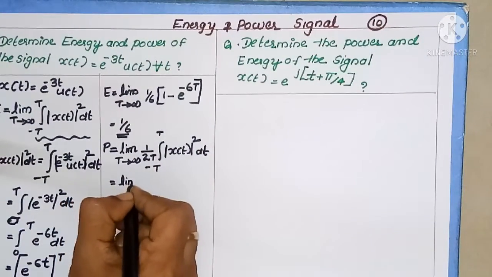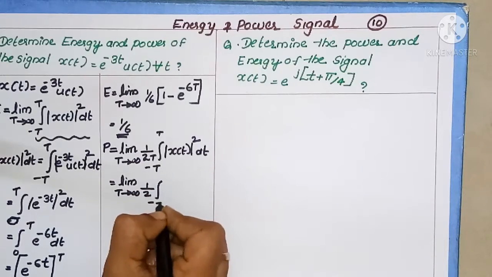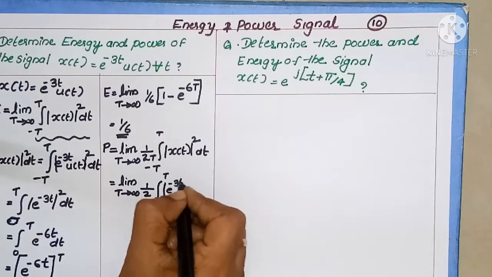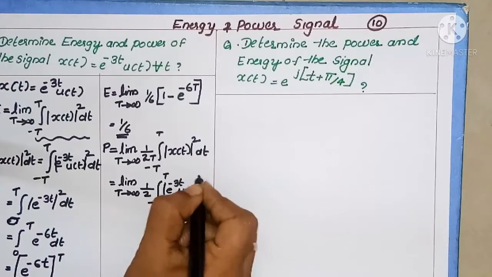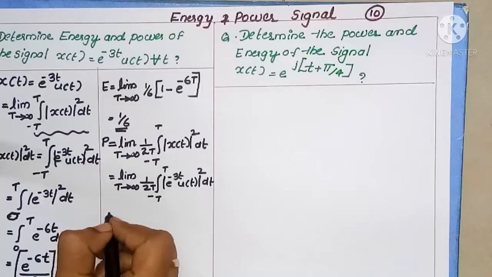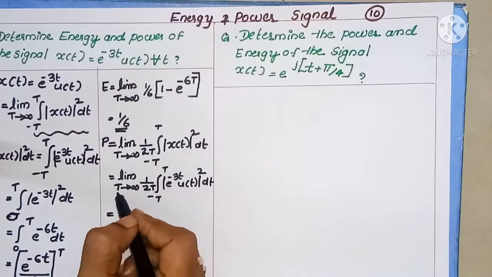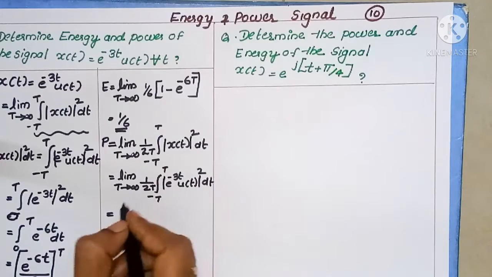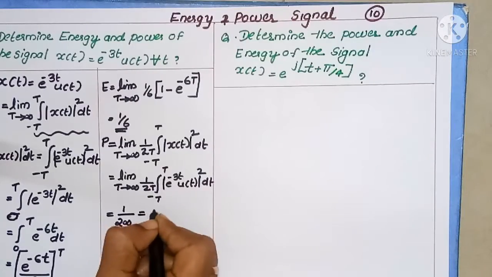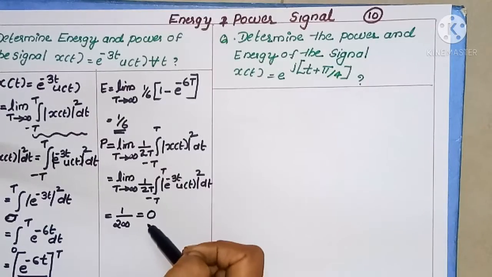Here, limit t tends to infinity 1 by 2t, minus t to t, applying the given signal e raised to minus 3t u of t square dt. Here you can see the 1 by 2t term. If we apply t tends to infinity, you get 1 by 2 infinity, which is equal to 0. So the power of this given signal becomes 0.